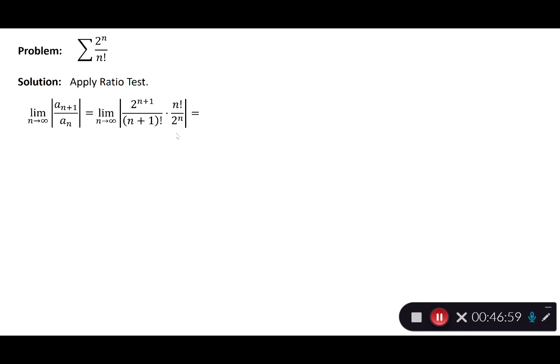So here perhaps I need to digress a little. This n plus 1 factorial is actually equal to n plus 1 times n factorial. Not by definition, but you can show that n plus 1 factorial is nothing but n plus 1 times the quantity n factorial, meaning the factorial of 1 less than that.